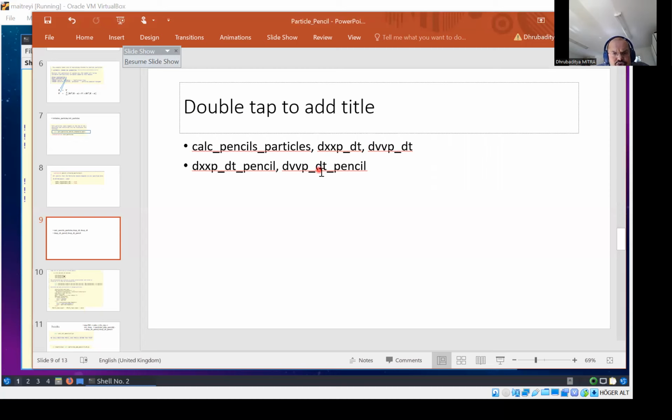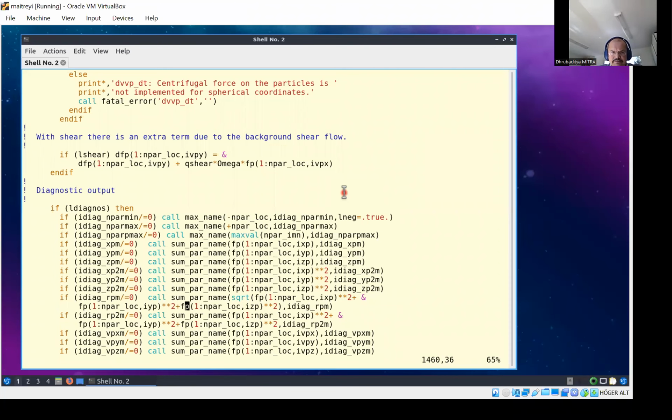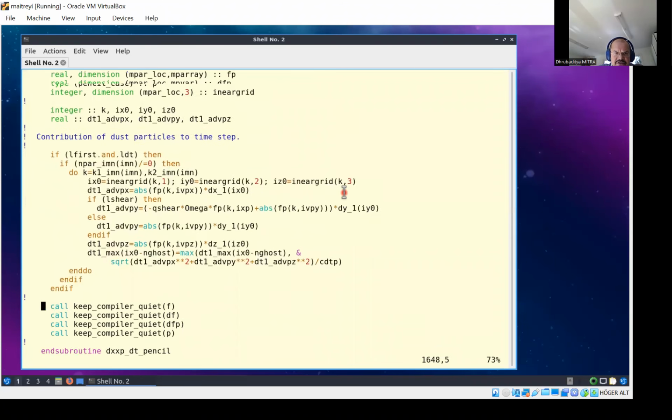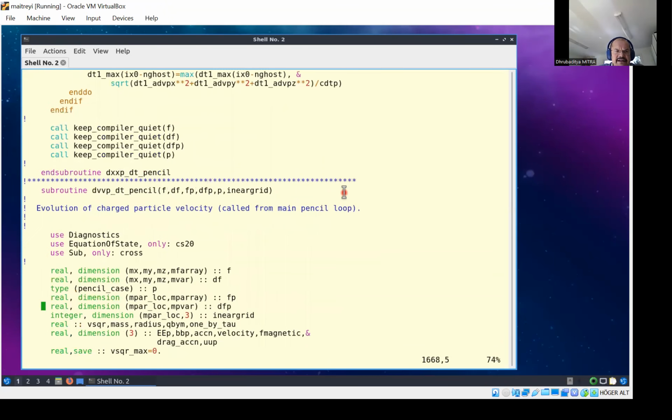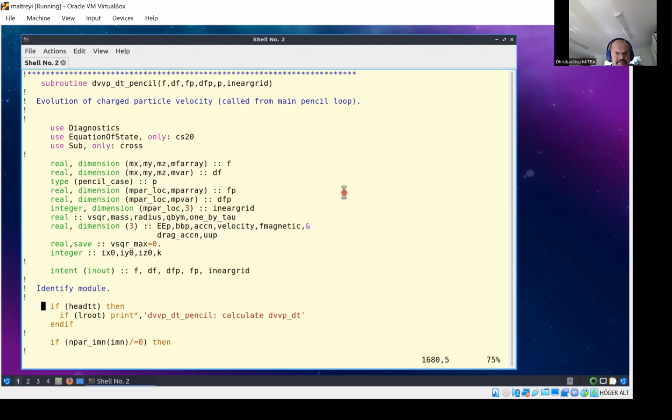But there are also two other functions, dxxp dt pencil and dvvp dt pencil. What do they do? Actually, dxxp dt pencil doesn't do much. Don't worry about that. Let's look at the dvvp dt pencil. This is the one worth looking at.